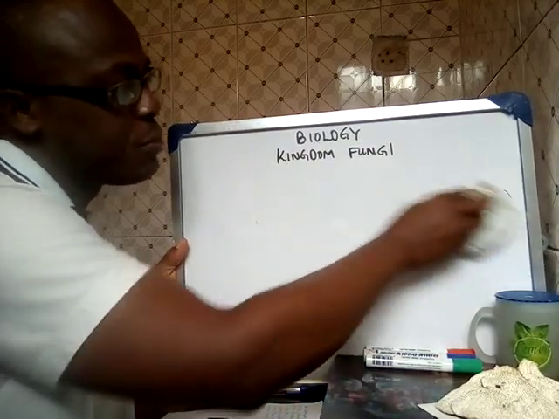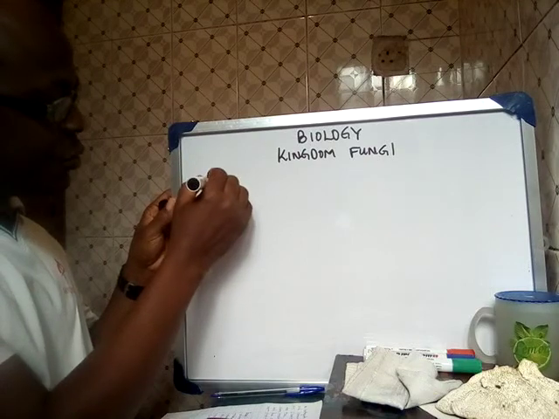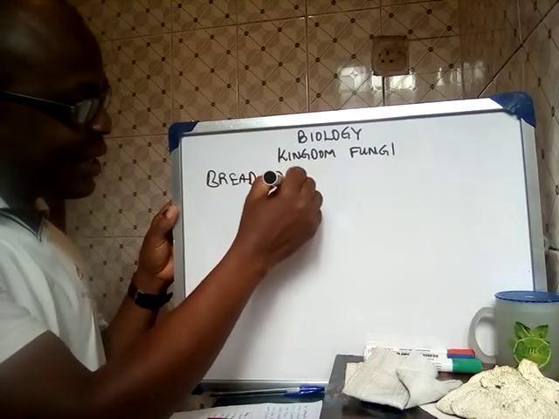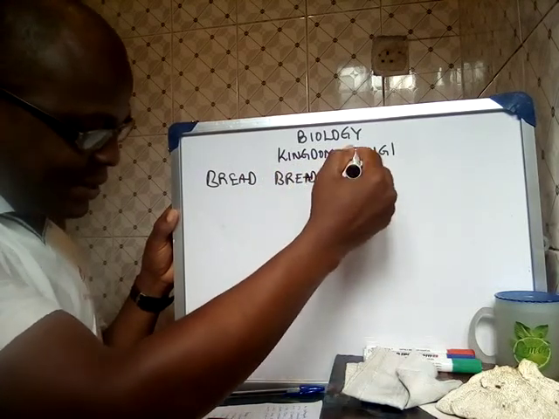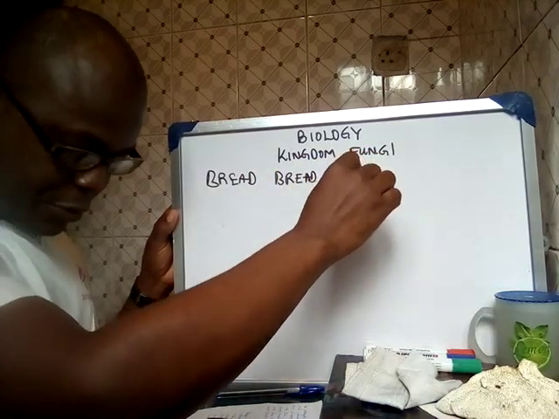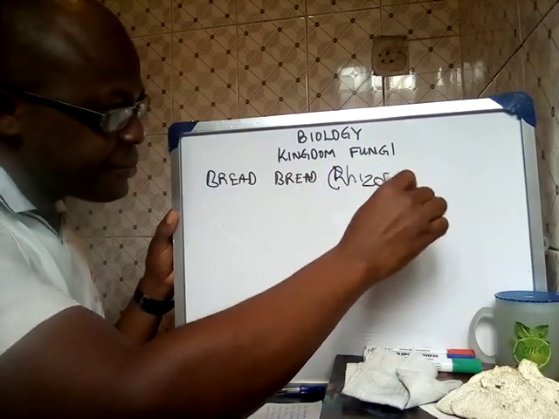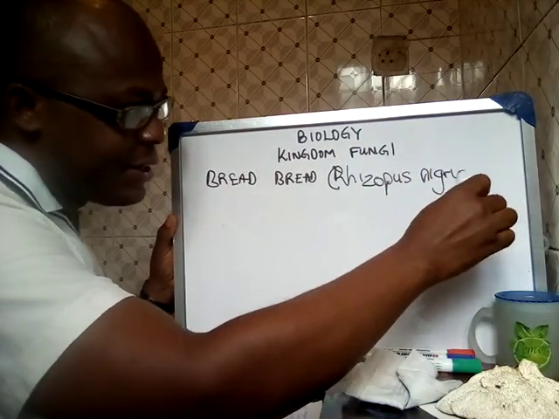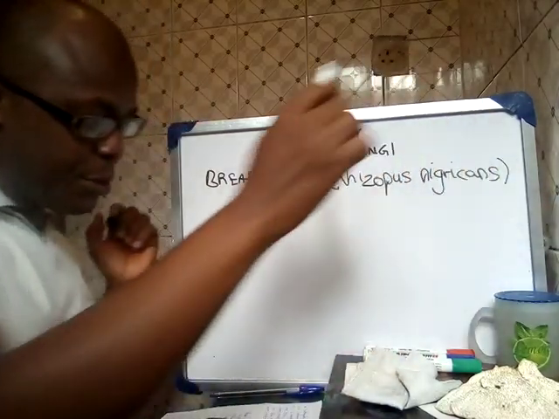The molds, bread mold, for example, the blackish stuff that grows on bread, the scientific name is Rhizopus nigricans. Grows on bread.